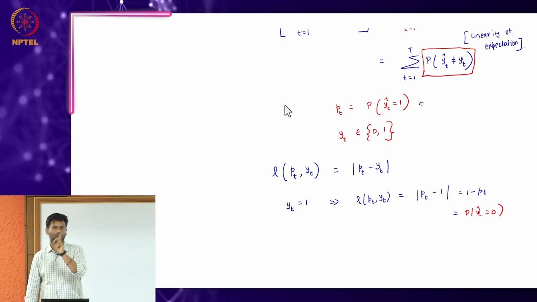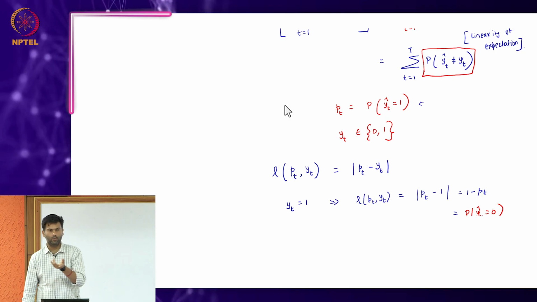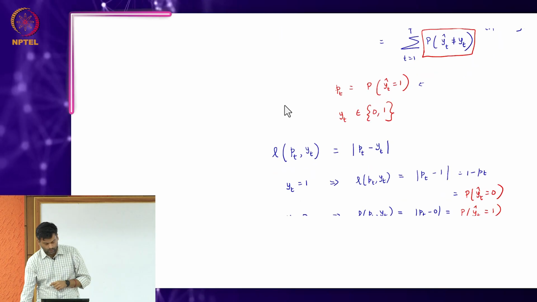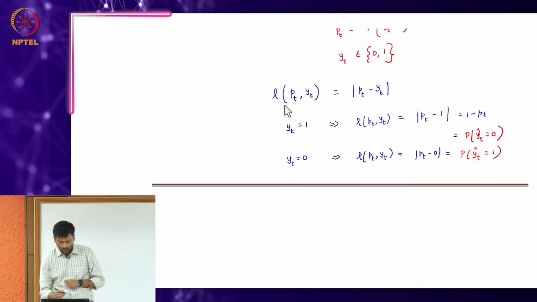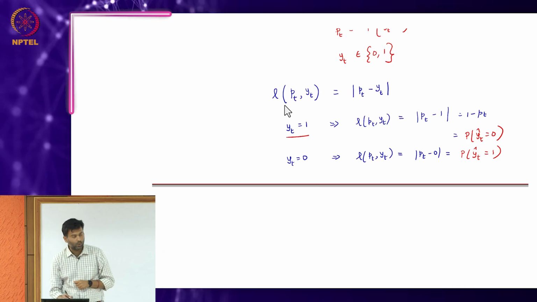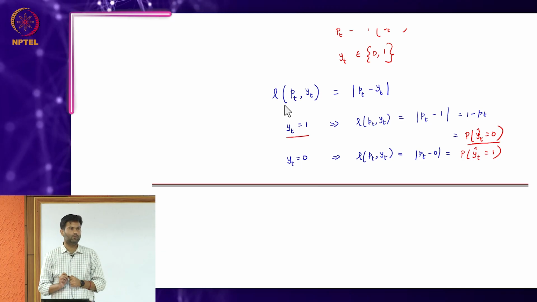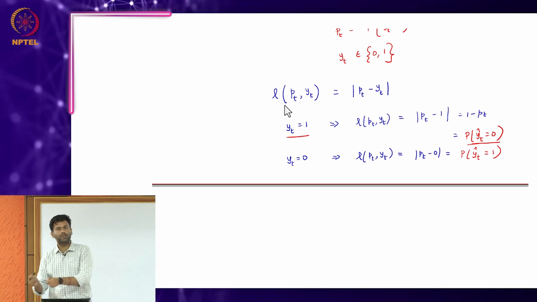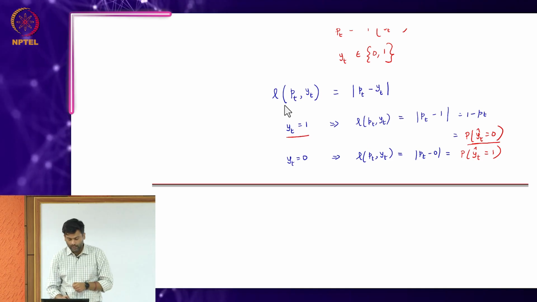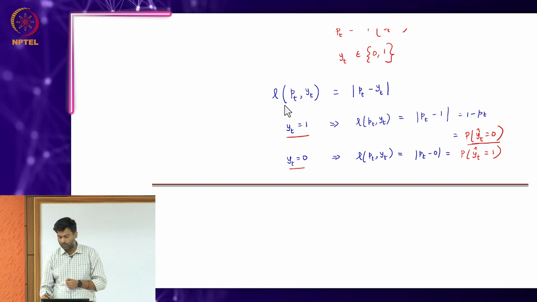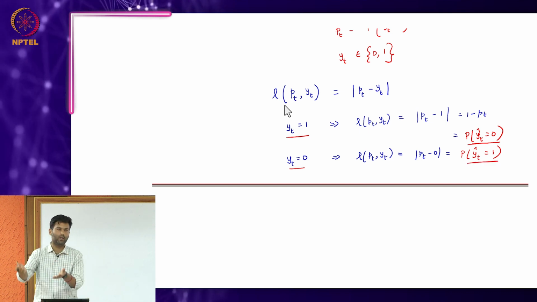I say 1 and the other says 0, or I say 0 and the other says 1. Which means that if yt is 1, then I want to measure the chance that y hat t is 0. What is the chance that I make a mistake? If yt is 0, then again, what is the chance I make a mistake, which means the chance I said 1.